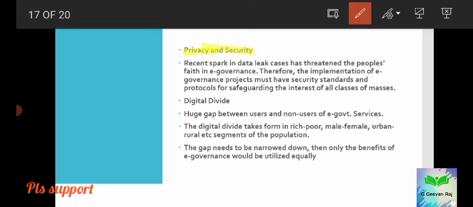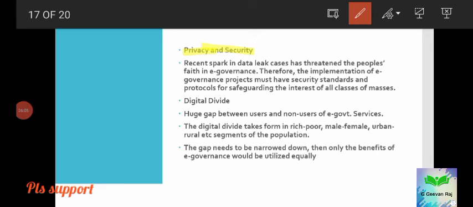So there have been a lot of data leakages recently, and this is making people lose their faith in e-governance and the various digital platforms because of the lack of privacy and security. Therefore, the implementation of e-governance should have high security standards. For that we require high technology, which can also be expensive at the same time. That is also a major hindrance.